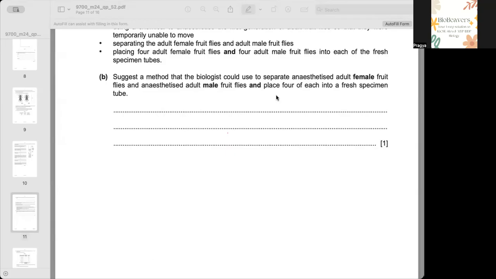So the best thing is to look at their eyes. That's the most important thing. How do we look at the eyes of Drosophila? That's the first question which comes in. We cannot just directly have a look at each one of them.